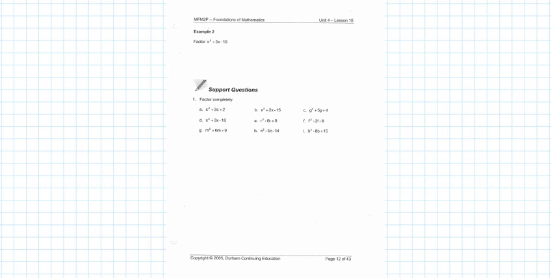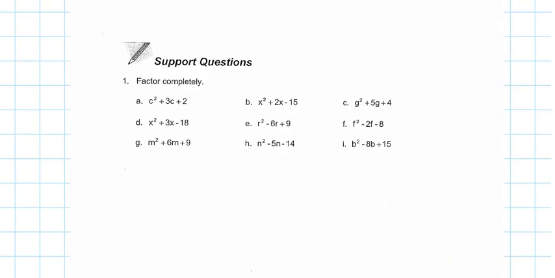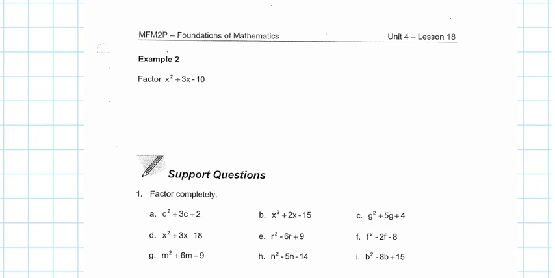Okay, so let's look at this one right here. What's my A, what's my B, what's my C? A is the number, so it's 1, right? B is 3, just the number. C is negative 10.